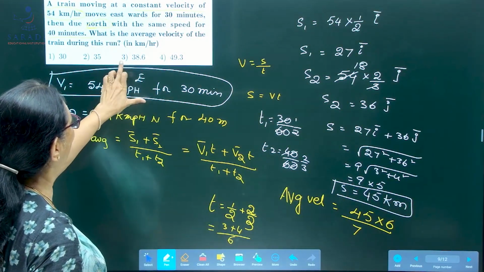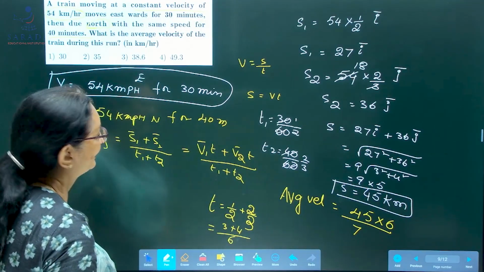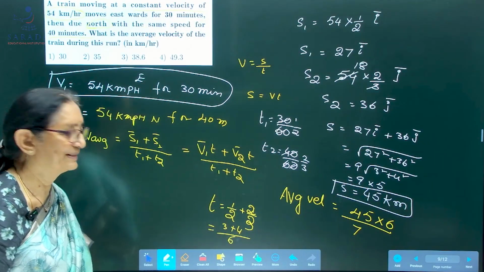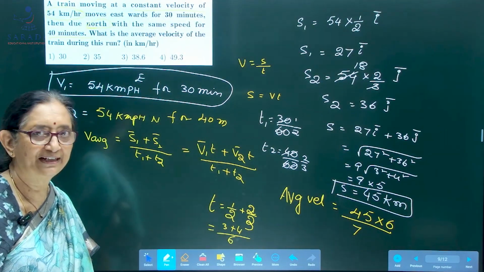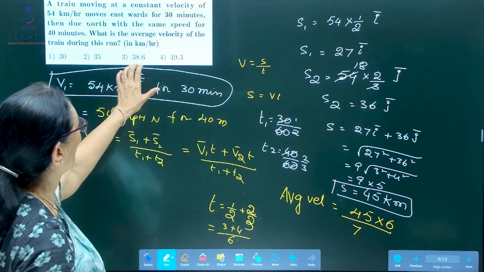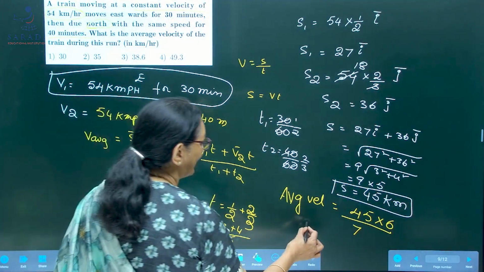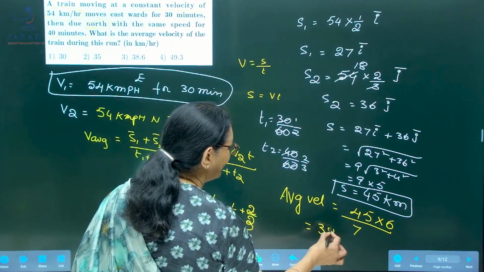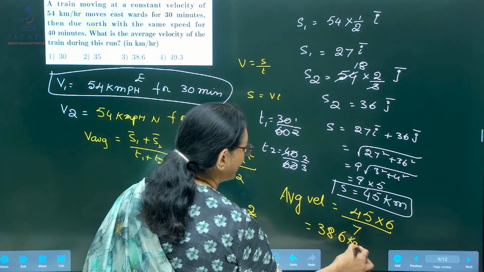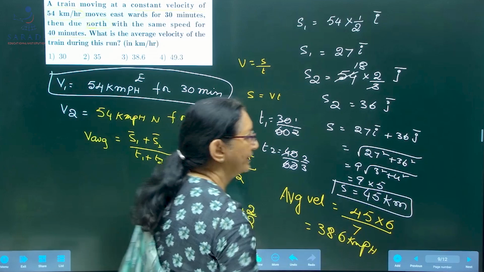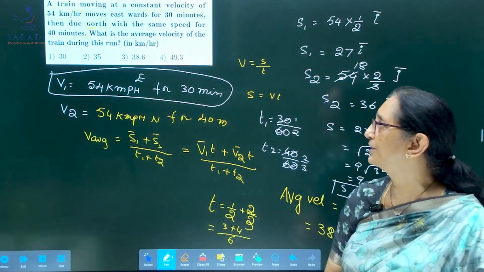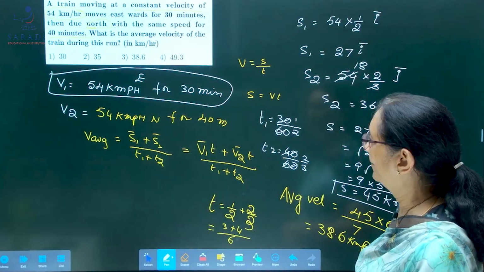The answer is going to be the third option, 38.6. So 38.6 kilometer per hour is the average velocity for that problem.